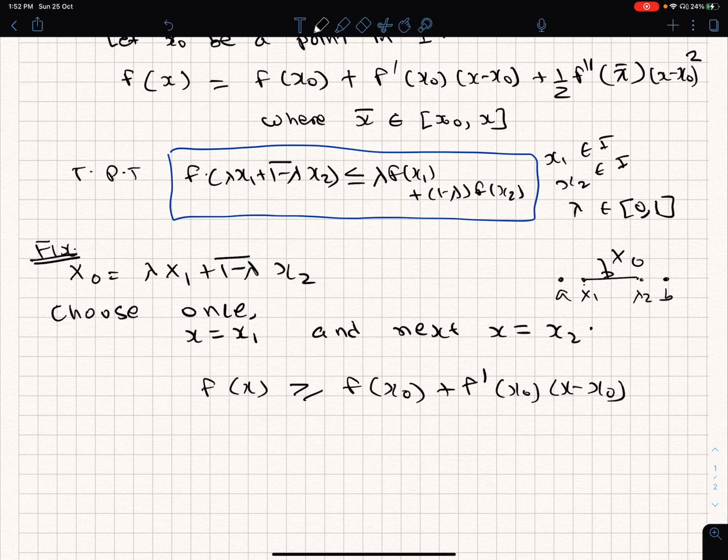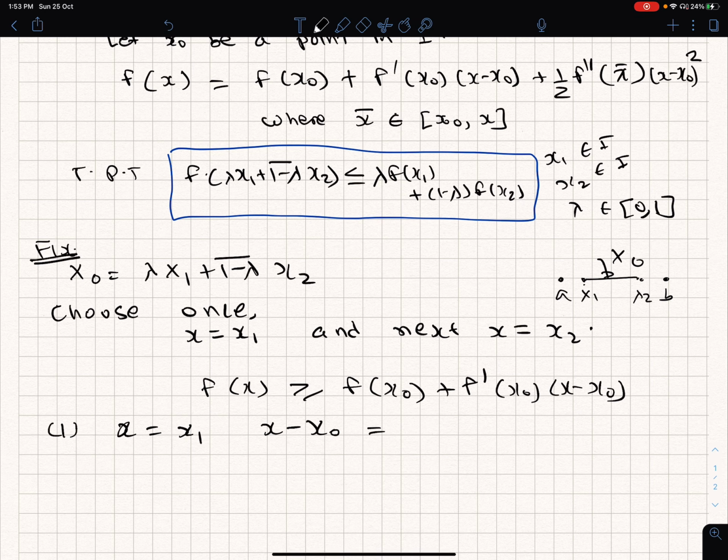Now, my first choice is x equal to x1, and x naught is already chosen like this. So I need to evaluate x minus x naught.